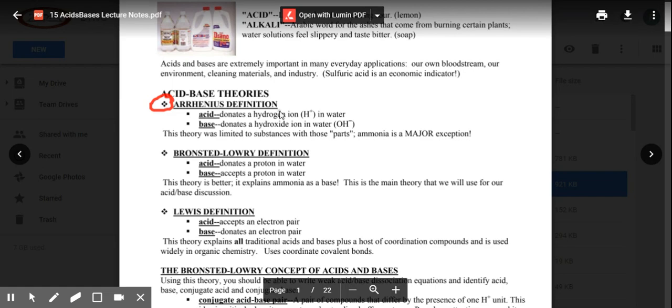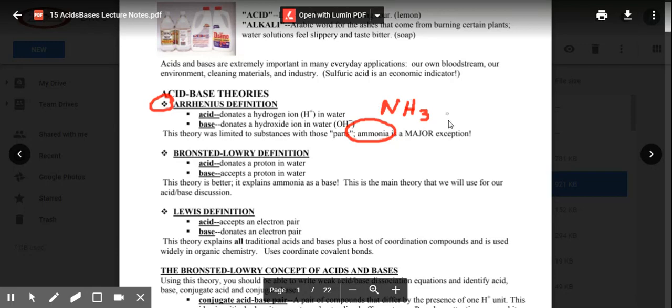Now, there's a few problems with the Arrhenius definition, okay? The biggest problem is that it doesn't explain all bases. Ammonia right here is the major exception. Ammonia is NH3. And if you don't know already, you need to ingrain this in your head, NH3 is classified as a weak base.